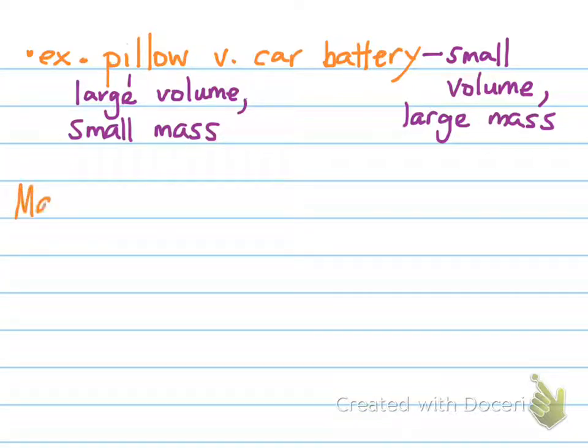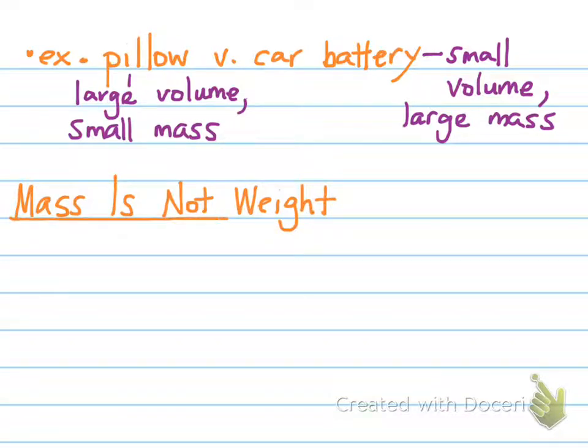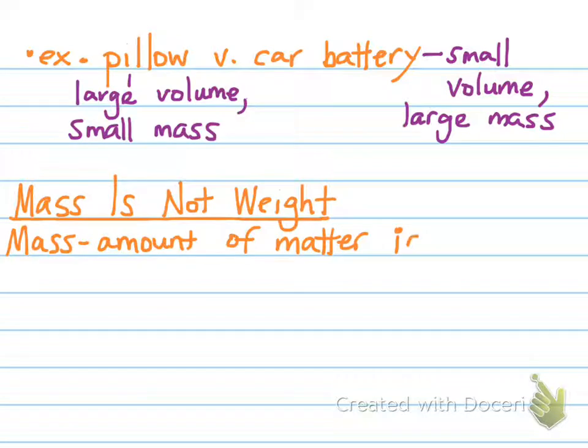Another point that your book wants to make sure that you understand, and that is very important to understanding physics, is that mass is not weight. Okay. Mass, again, our science definition of mass is the amount of matter in an object.